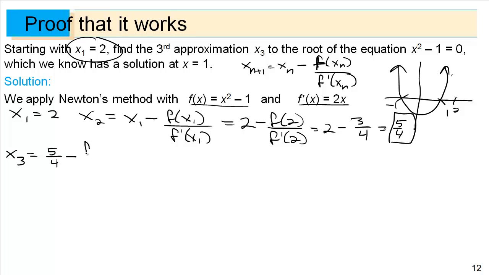minus f of 5/4 over f prime of 5/4, which equals 5/4 minus f of 5/4, well, that's 5/4 squared, so that's 25/16 minus 1, all over 5/4 times 2, which is 5/2.